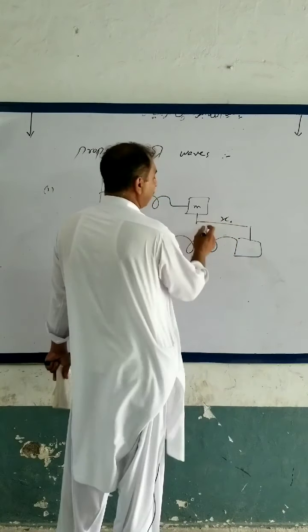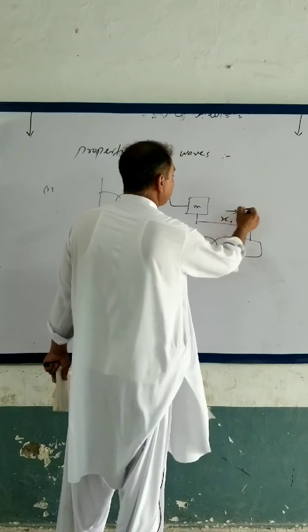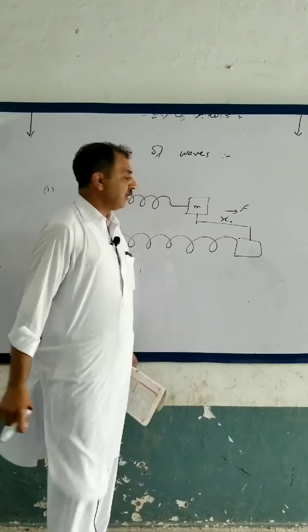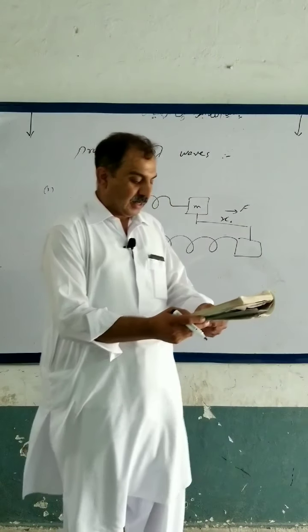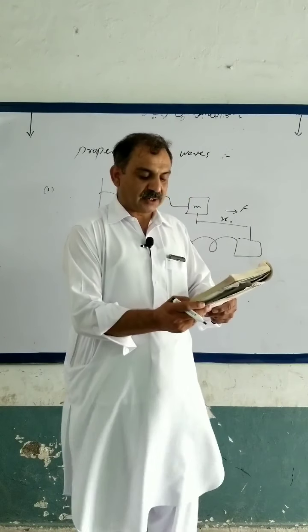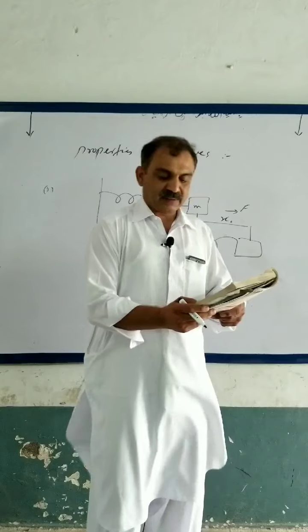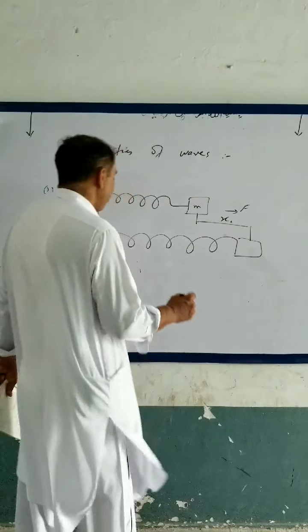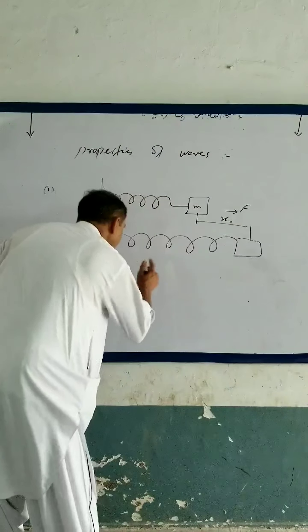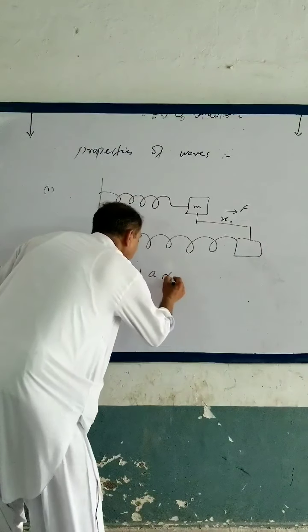This amplitude occurs due to the applied force, and this force is stored in the spring in the form of restoring force. So the question is, is the restoring force ever zero? If so, where? According to the mathematics, a is proportional to minus x.